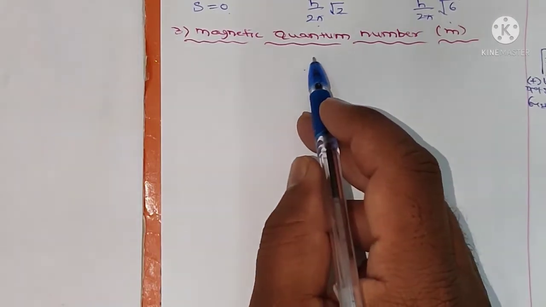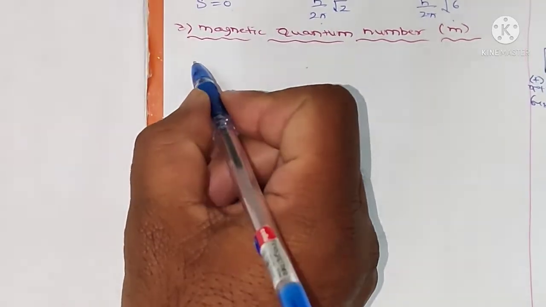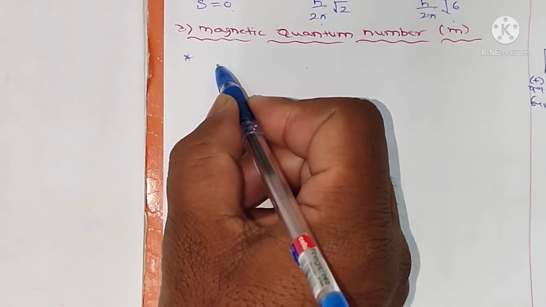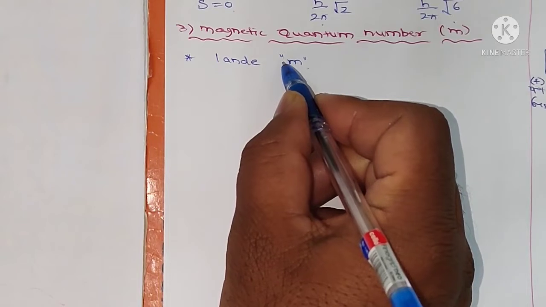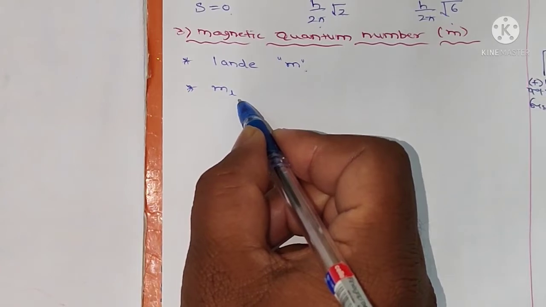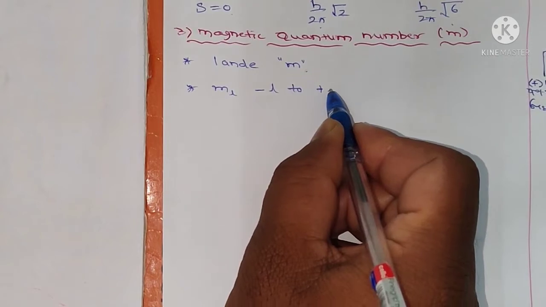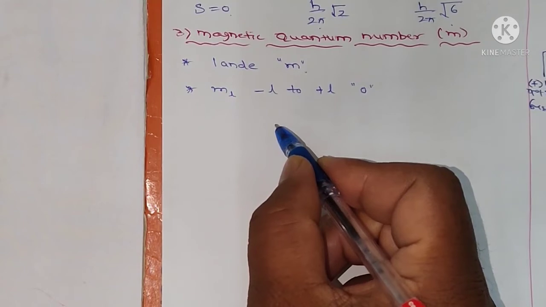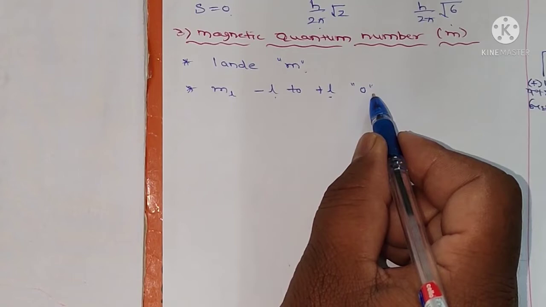Next, third one, magnetic quantum number, and it is represented by small m. This magnetic quantum number was proposed by Lande, and it is denoted by small m. And the values of ml vary from minus l to plus l, including 0.